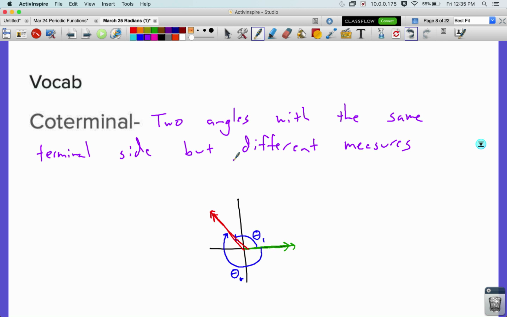Nope, because we can over-rotate. If I wanted to end up at this same red line here, I could again start at that green line, and I could just rotate a full time around and then another portion around and still end up at that red line. I can actually rotate as many times as I wanted, still end up facing that same direction. So if anybody snowboards, doing a 360 and doing a 720, you still face the same way when you're landing. So those are coterminal tricks.